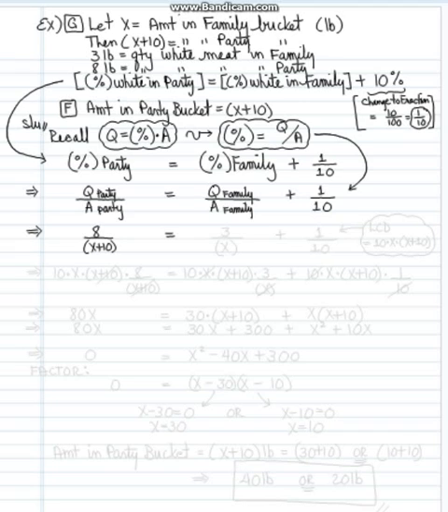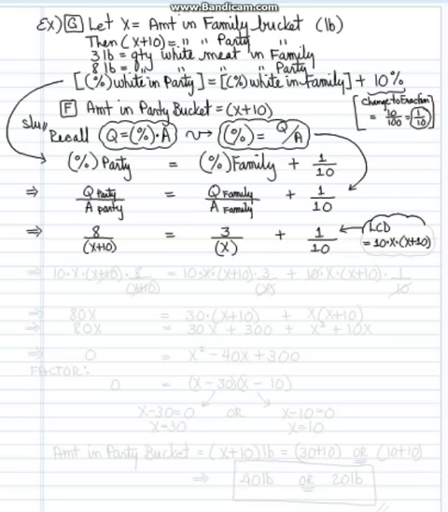The quantity of white meat in the family bucket is 3 pounds, divided by the amount of chicken in that bucket, x pounds, plus 1 over 10. So for this equation, the least common denominator is equal to 10 times x times x plus 10.